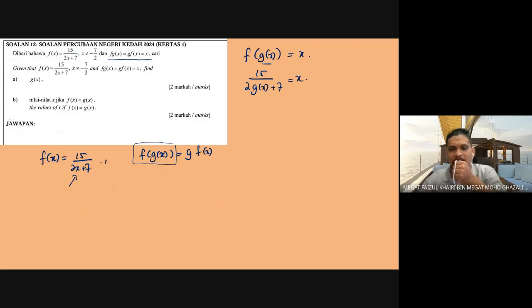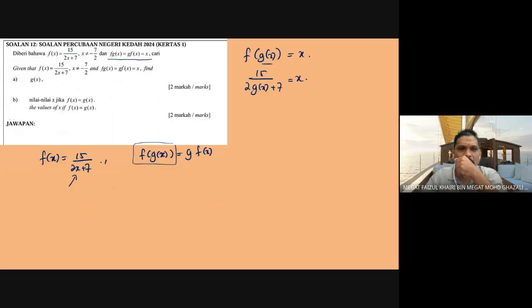If I take the first one here, f(g(x)) equals x. So substitute g(x) into x of the function f, which is 15 divided by 2g(x) plus 7 equals x.